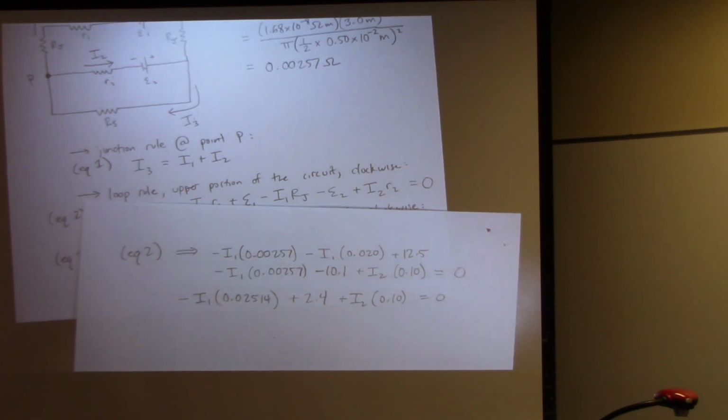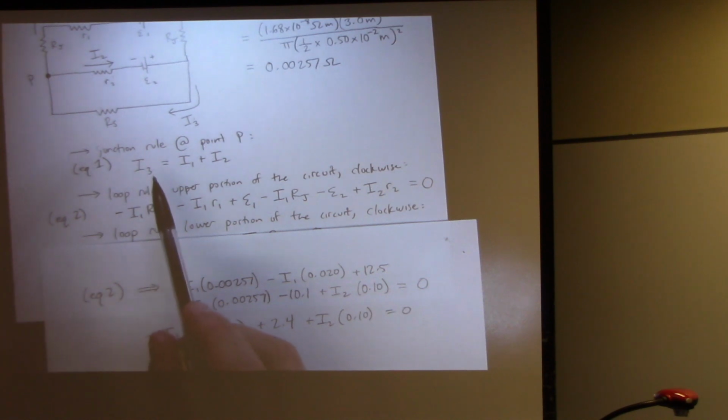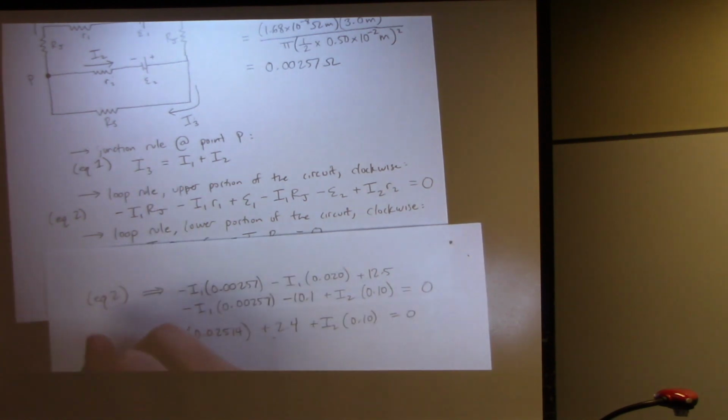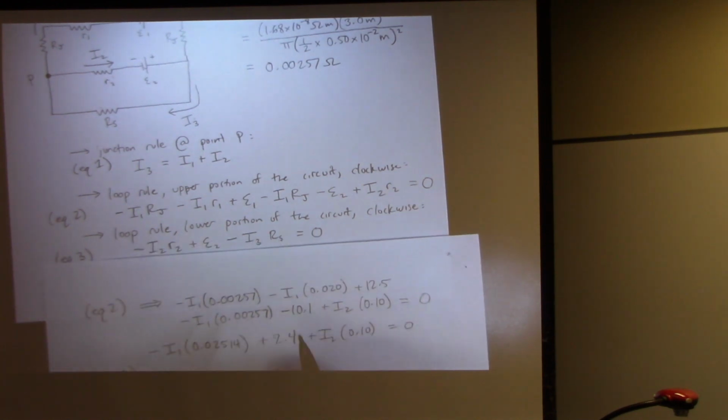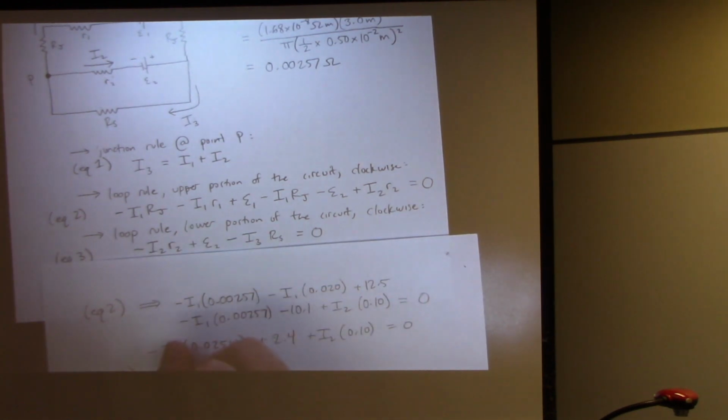So the way this is going to work is we're going to take equation number 1, this one, and we're going to write it this way here. What we're going to do is write out equation number 1 as I1 equals I3 minus I2. Okay?